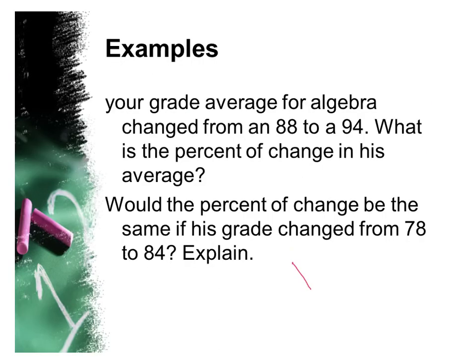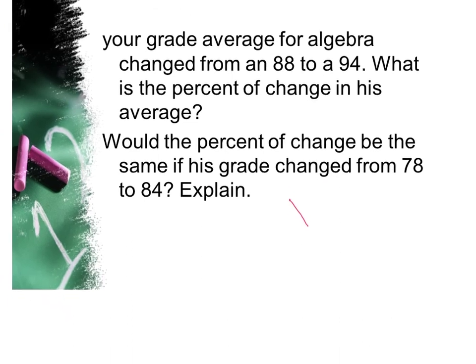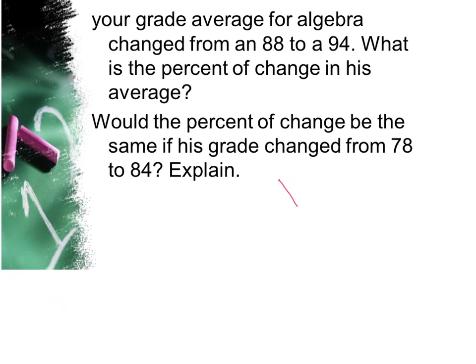Okay, this one says that your grade average for algebra changed from an 88 to a 94. What is the percent of change in this average? So to do that, you take the new over the old. The new is 94 over the old, which is 88.